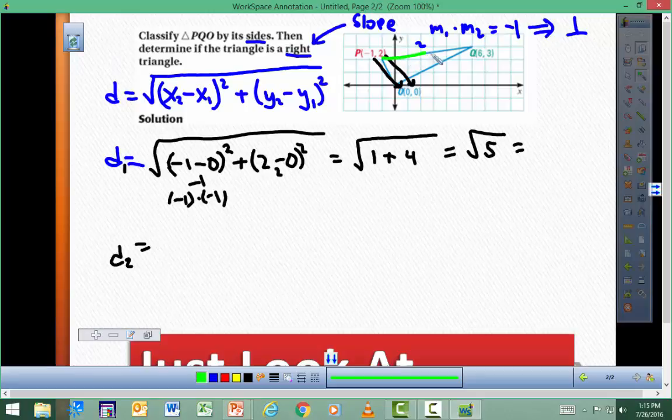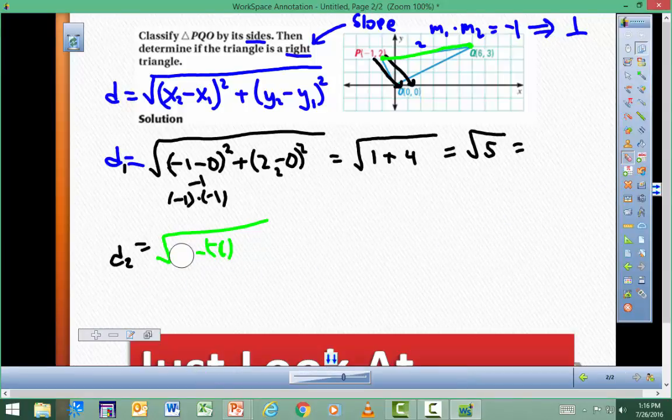That's this, and I'm going to go ahead and do this one right here. So once again, you just subtract the x coordinates. So that's going to be 6 minus a minus 1, right? Oh god, that's ugly. Let me rewrite this.